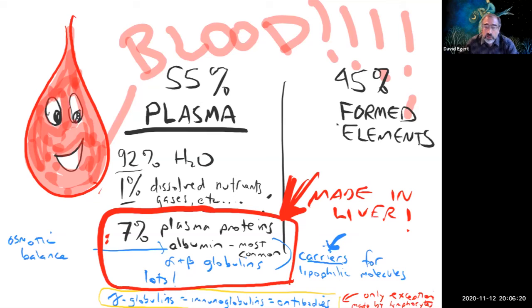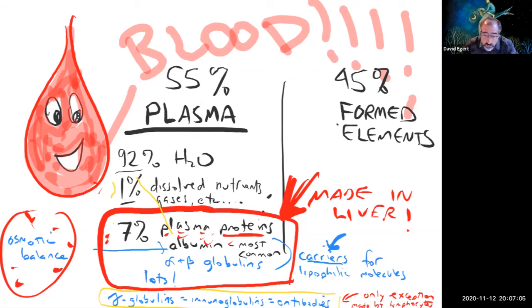So you can have really kind of tragic malnutrition and still be eating more than enough to fill you up if you're not having the right balance. Like if all you're eating is bread, we're going to talk later when we do the digestive system, but if you're not getting all of the essential amino acids that you need to make all of your proteins, then your body does not have the ability to make all the plasma proteins that it needs, in which case you're not going to have the osmotic balance there.